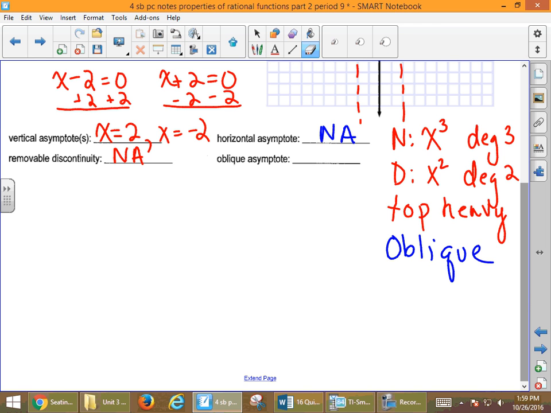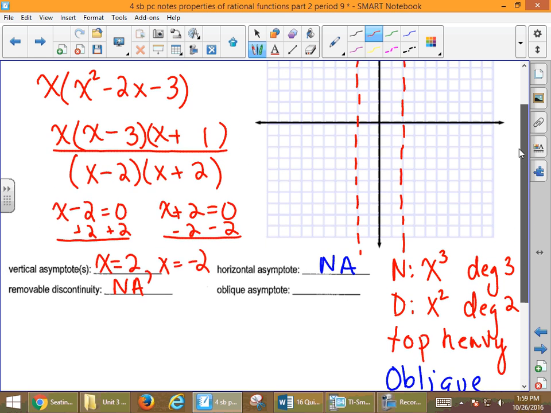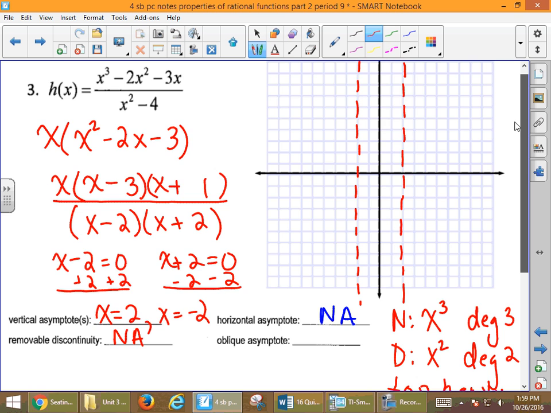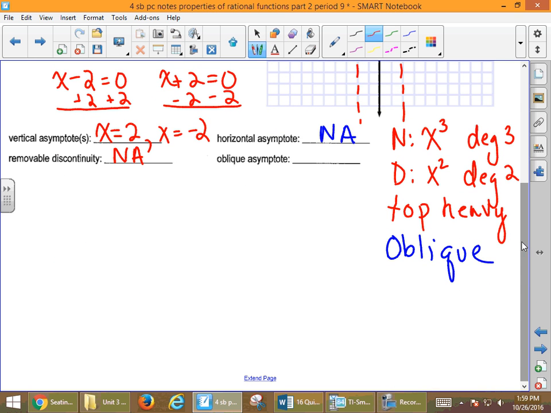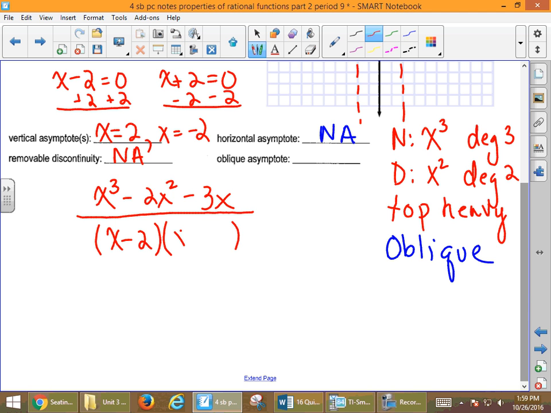So we're going to have to use synthetic division. When we set the synthetic division problem up, I'm going to write the numerator in its original form, which is x cubed minus 2x squared minus 3x. And then we're going to divide by the factored form of the denominator, which is x minus 2 and x plus 2.